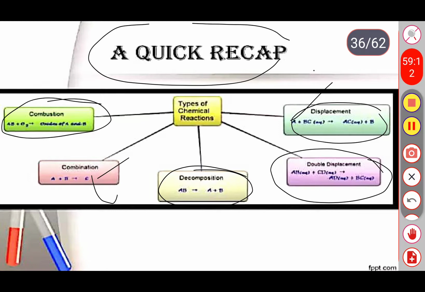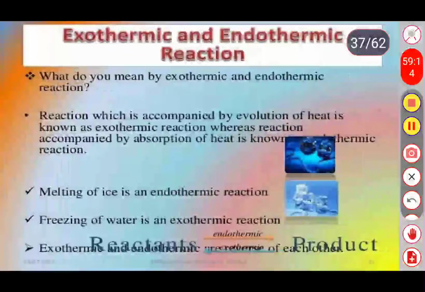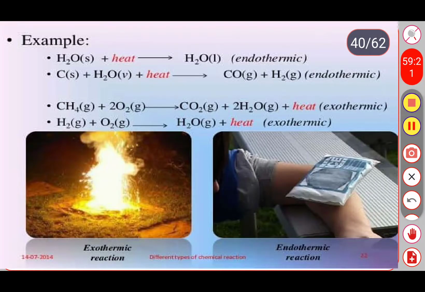When water is heated, that is an example of an endothermic reaction. When carbon, or coke, is combined with water in the presence of heat, it produces carbon monoxide and hydrogen gas. So this is also a best example of an endothermic reaction.